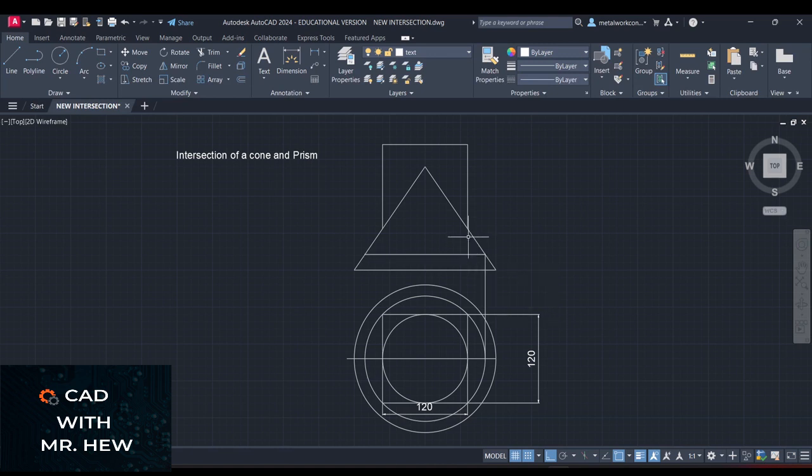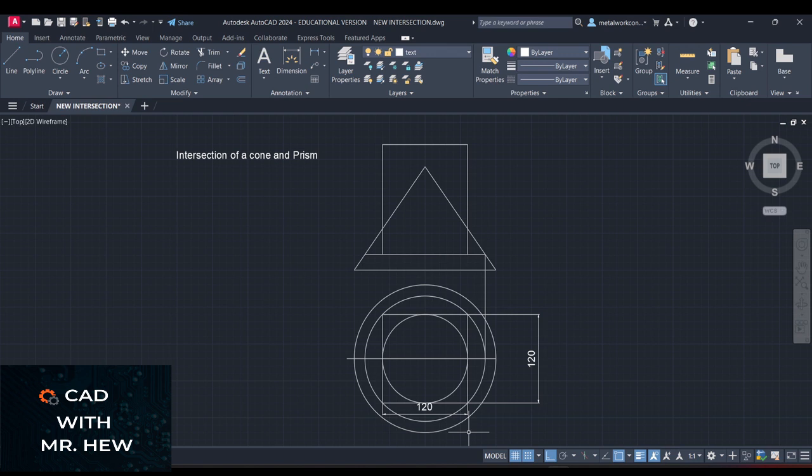So what we can do, we can draw this line down, okay? Enter. The same thing again. Good. So that's the lowest point on the prism, right?